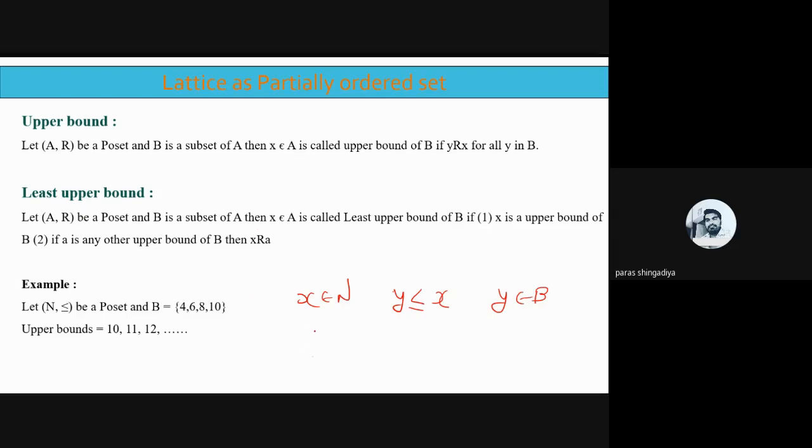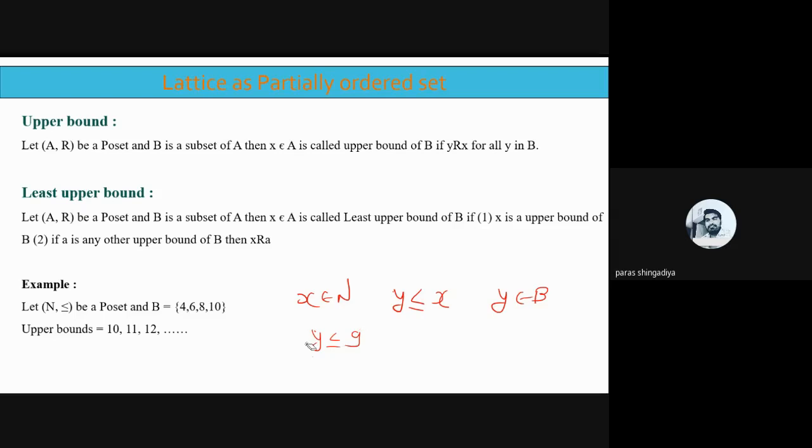Because if we consider y less than or equal to 9, then replace the values of y one by one. First replace 4, it is correct. 6 less than or equal to 9, it is correct. 8 less than or equal to 9, it is also correct. But 10 less than or equal to 9 is incorrect. So 9 is not called an upper bound, and numbers 1 to 9 are not our answer.